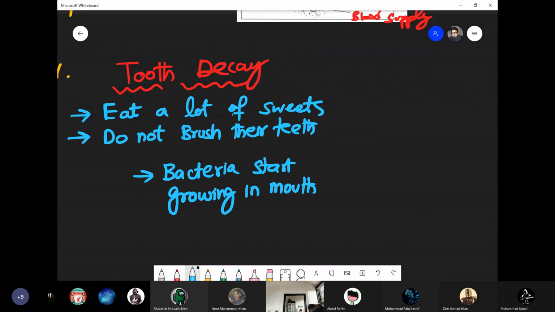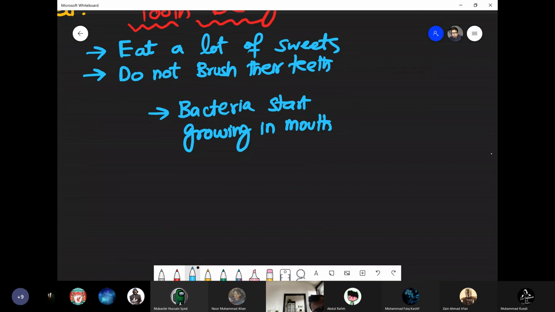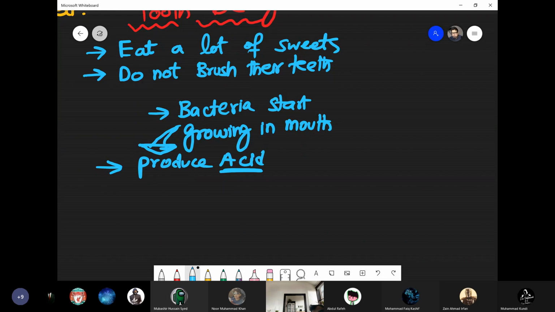Now, when the bacteria grow in the mouth, these bacteria produce acid. Now, this acid, what does it do? It dissolves the enamel.